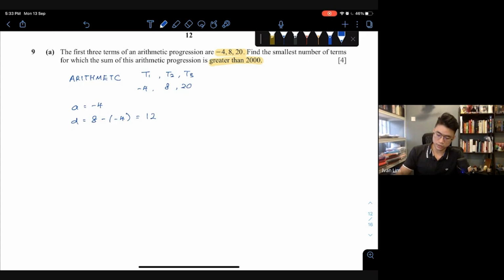Okay, so they say the sum of this arithmetic progression, so Sn is more than 2000. So we use the formula n over 2, 2a plus n minus 1 d, where d is 12, more than 2000.